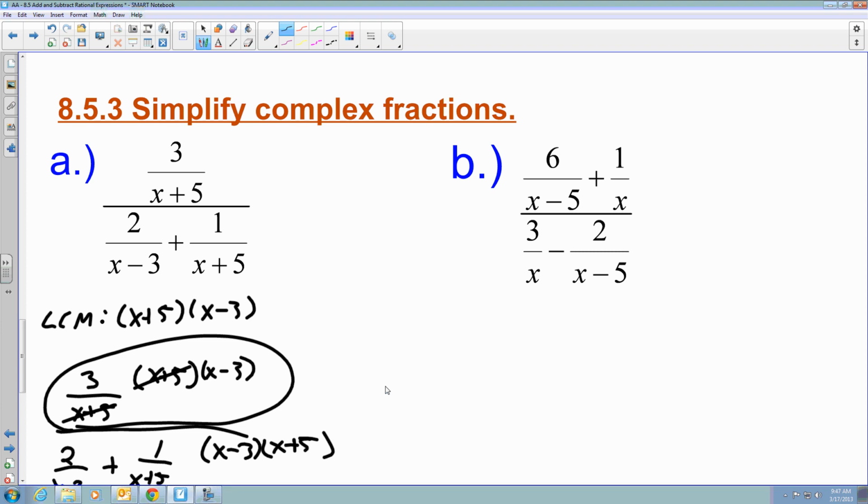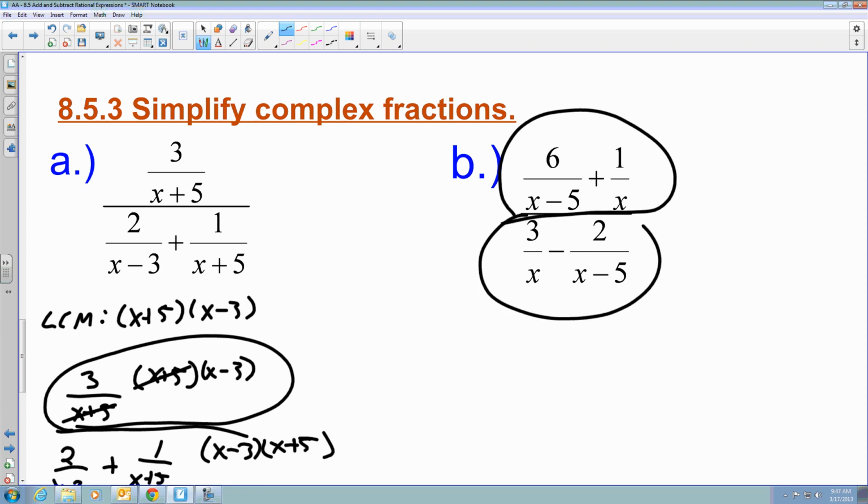Like here's one rational expression, here's another rational expression, find the common denominator individually, and then divide them out, and then use what we learned when we divided rational expressions and multiply by the reciprocal. So what I'm going to pay attention to is 6 divided by x minus 5 plus 1 over x.